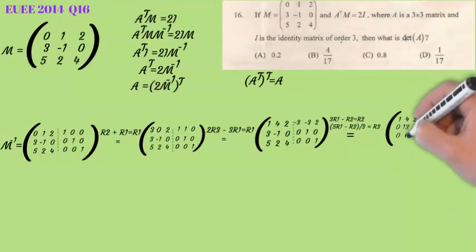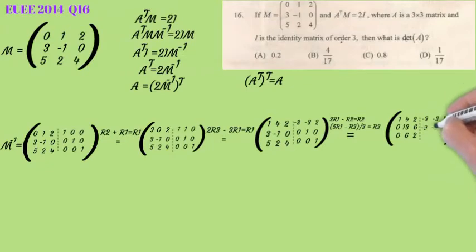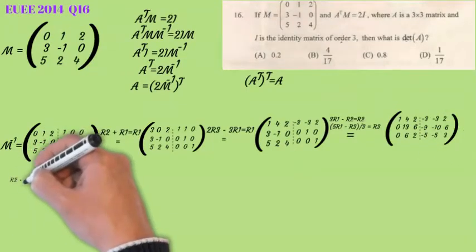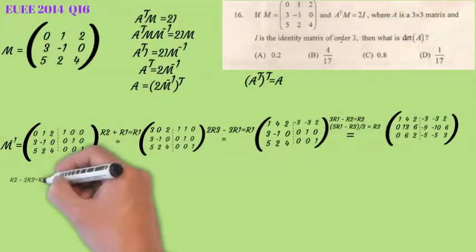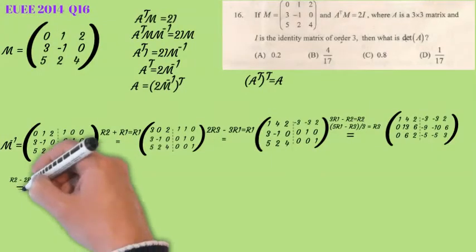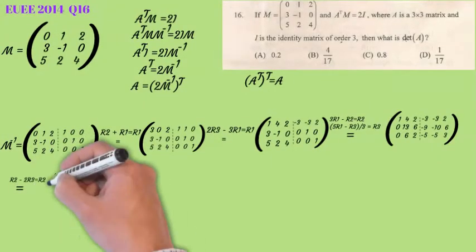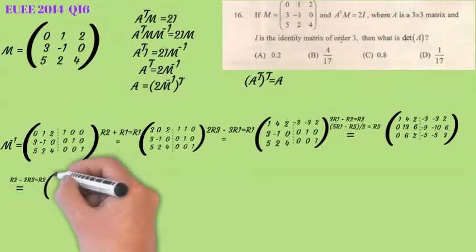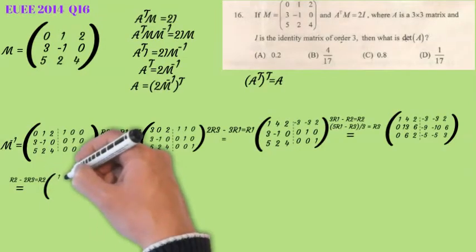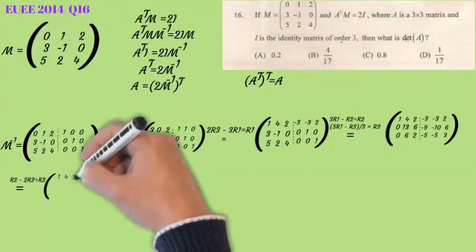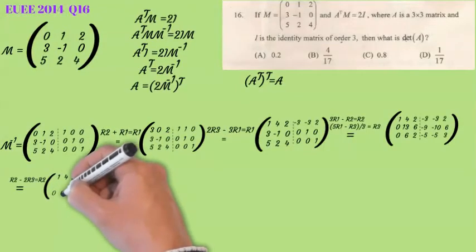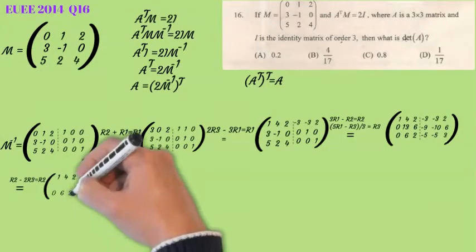So we will make them 0 on the second row, first column, and on the third row, first column.